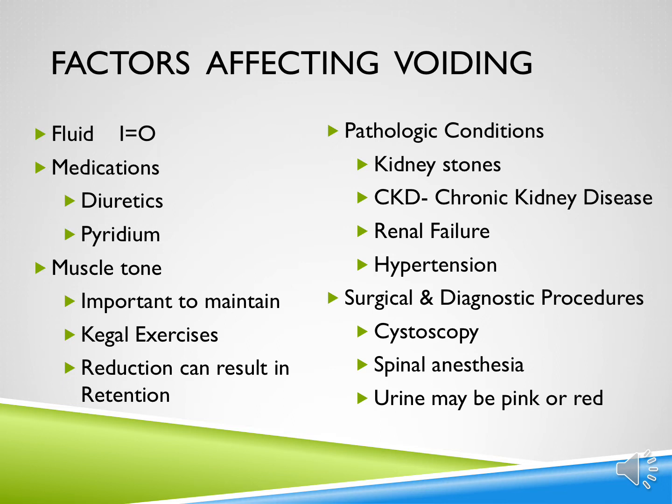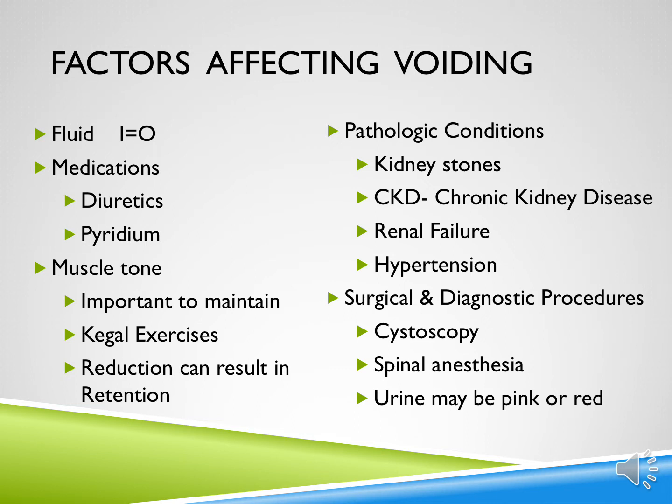If the patient is having problems voiding, eliminating their urine, they can have a retention of urine in the bladder. And as many of you have found out by being in the clinical setting already, you can use a bladder scan to check to see how much urine is being retained in the bladder.